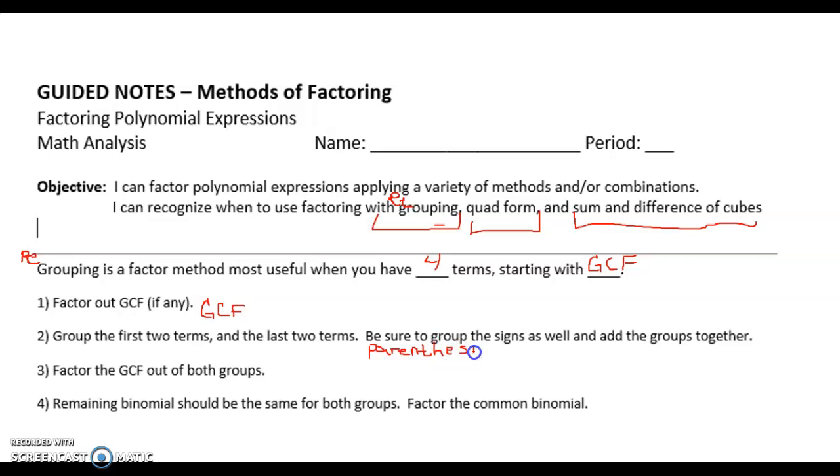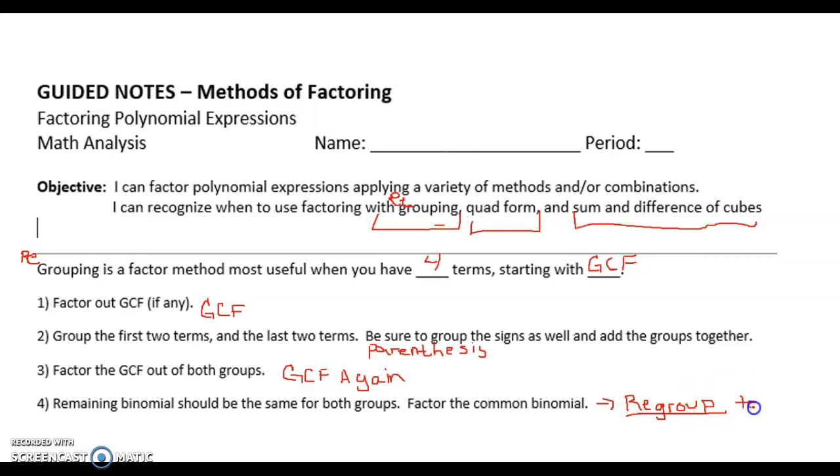The next step is to find a GCF again. And then the last step is the reason why I call it regrouping, because you're going to regroup, or rearrange, the terms.